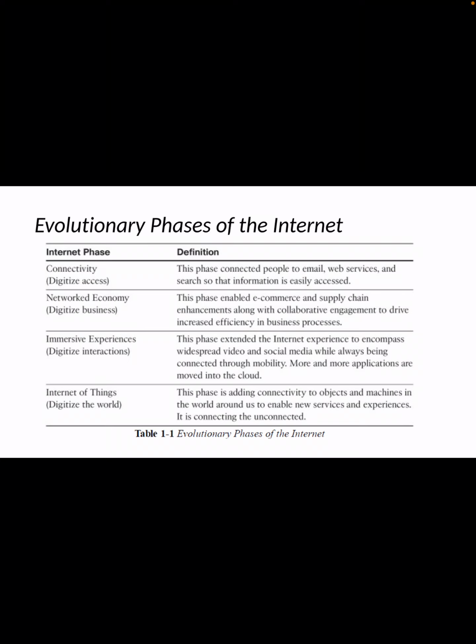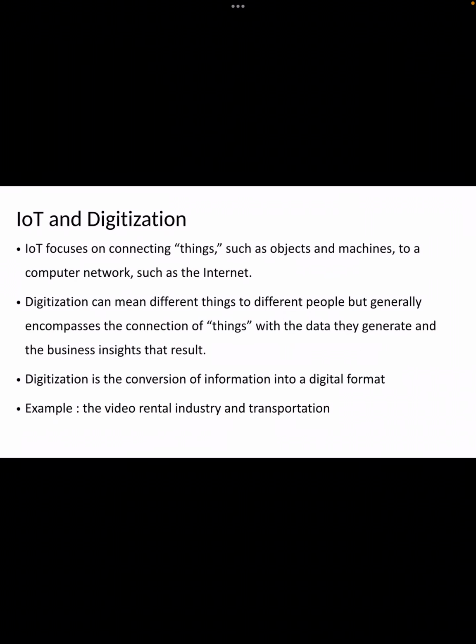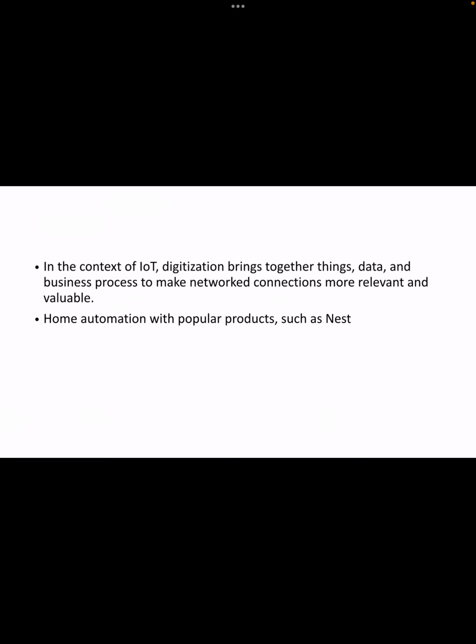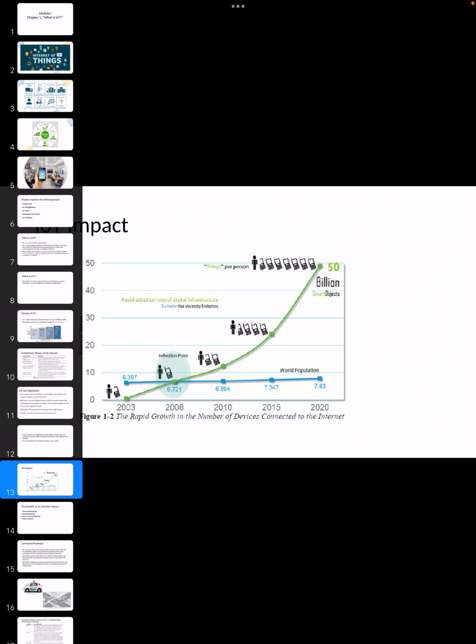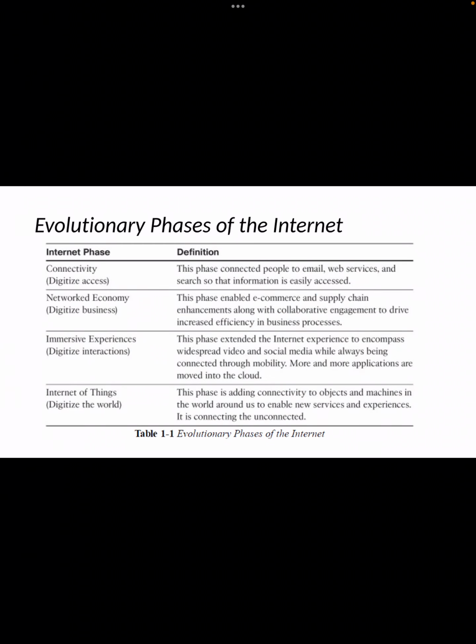Here also initially we start with small email services, web services, and then e-commerce, then video, and then audio, and then we came to the major task, that is connecting different objects and machines together and framing an architecture for IoT. This is what we call the evolution of the internet.